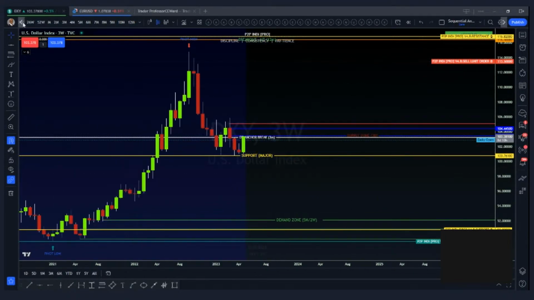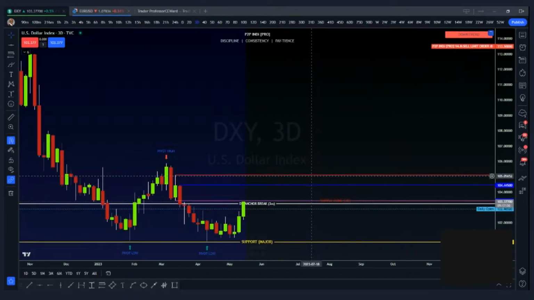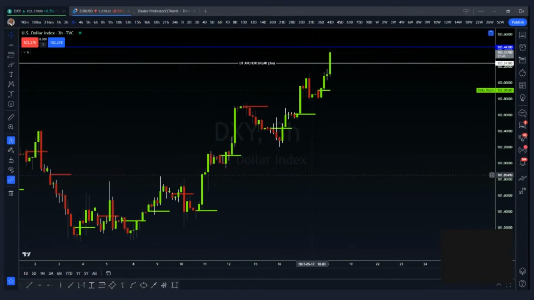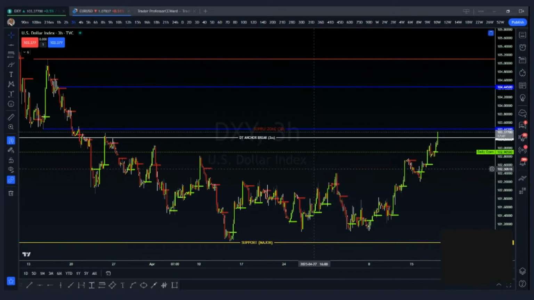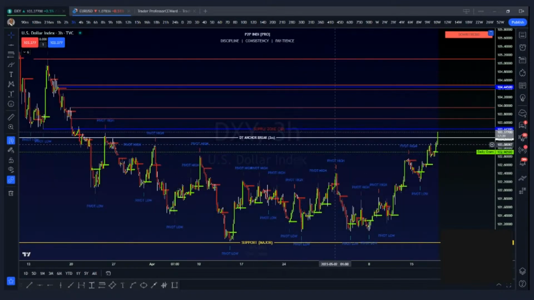I did have it more on the upside. I'm just mad that it's doing it. 3-day. And then 3 hour. See, they haven't even hit my blue line yet. That's why they're still pushing up. As long as they're going up, euro dollar is going to go down. So we're still waiting for Dixie to go down so euro dollar can go up.